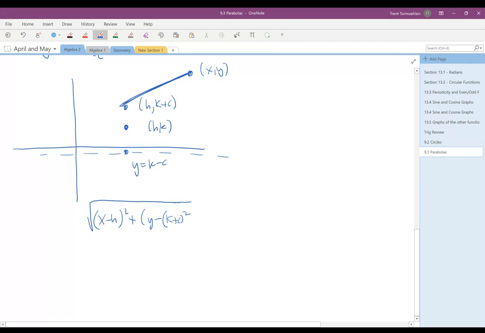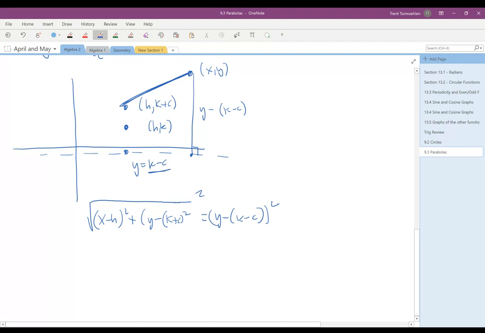And then that's going to equal the distance from the point down to this directrix line. Well, this distance is just going to be y minus whatever the y coordinate is of this point, which is just the value that y is equal to for that horizontal line, so k minus c. So the distance here is going to equal y minus k minus c.